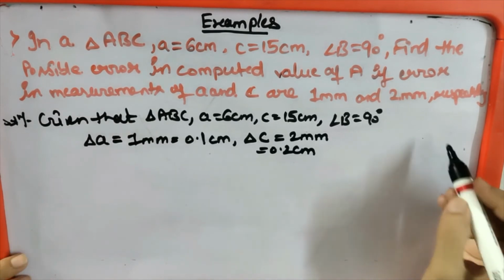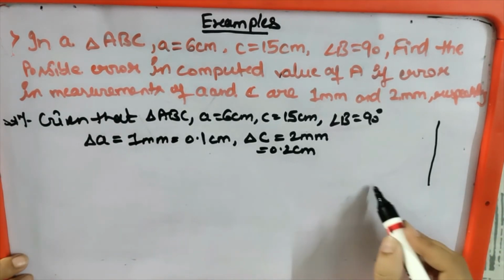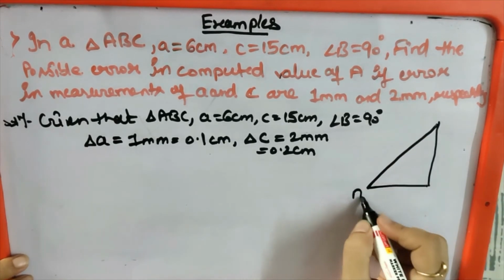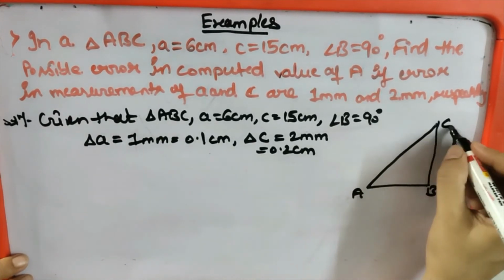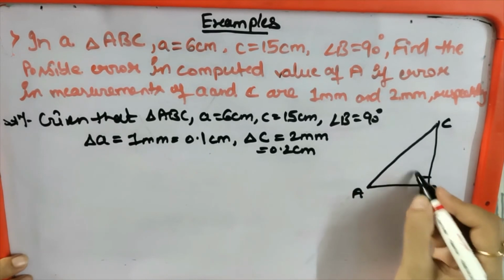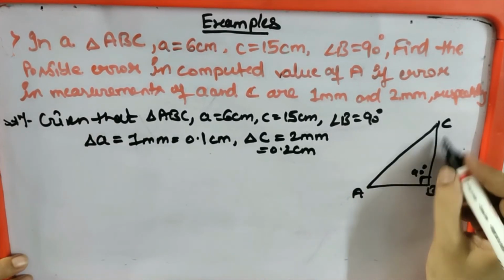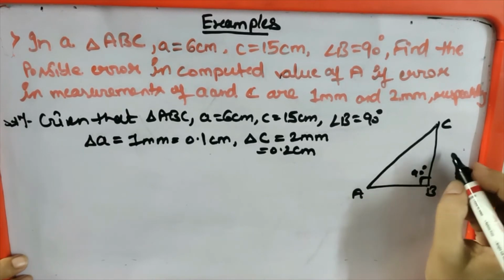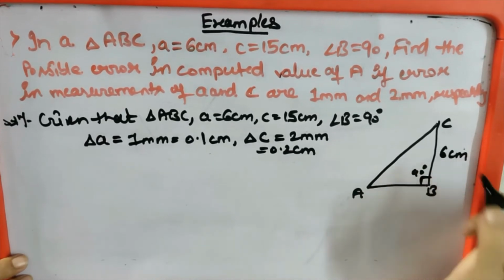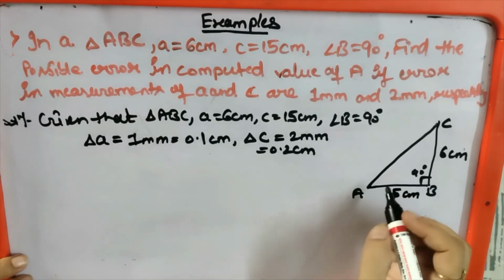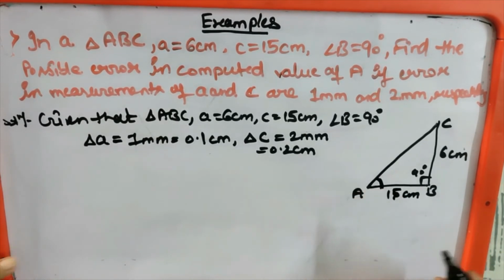Now first draw right angle triangle ABC. This is our 90 degree. Length of a side, that is side BC, 6 centimeter. This one is 15 centimeter. We have to find out the error in this angle.